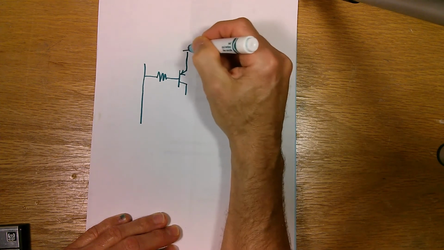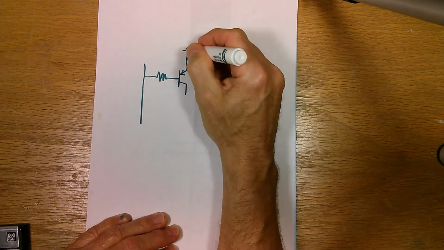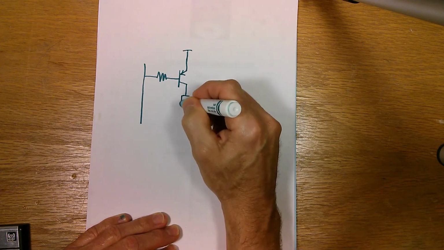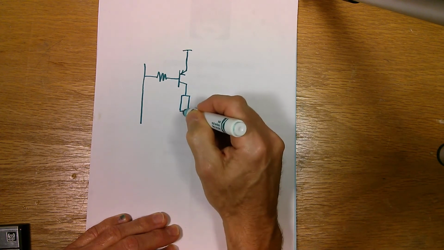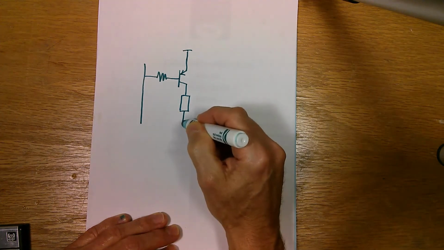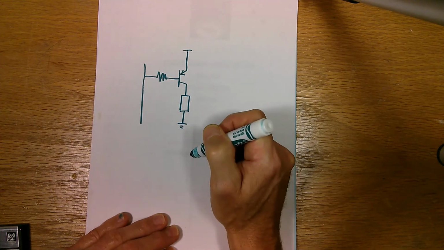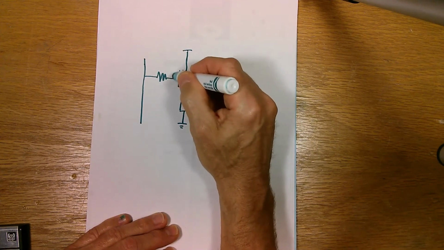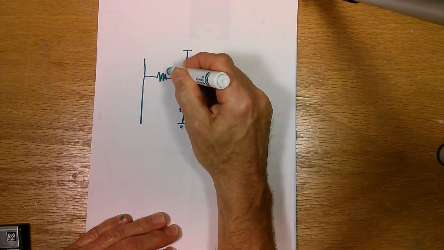This is your voltage, and I've got to talk about the voltage in a minute here. And then our load could be a light bulb, it could be an LED resistor combination. It goes to ground there. And in this case, the base current flows in this direction.